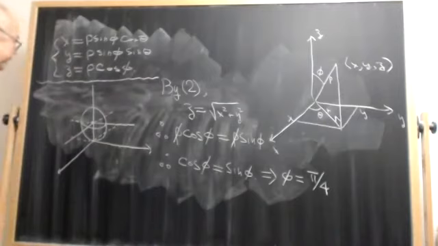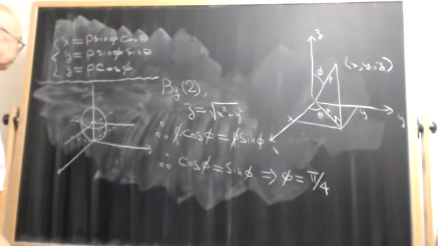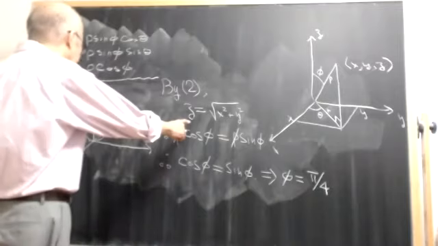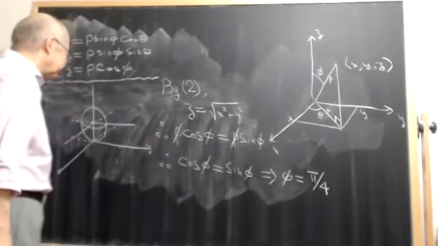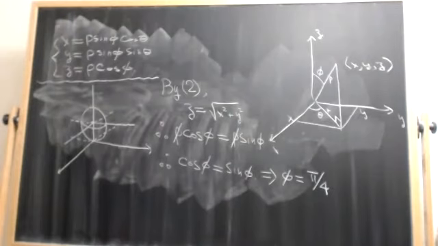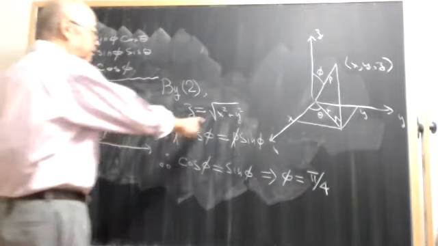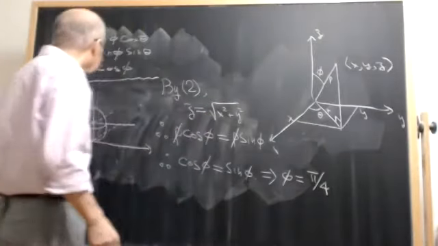So what does it mean? This means that we have the following thing. Now, you have to keep in mind that Z has to be positive, because it's the square root.